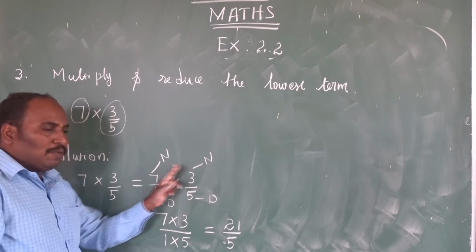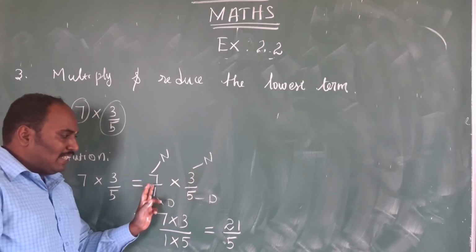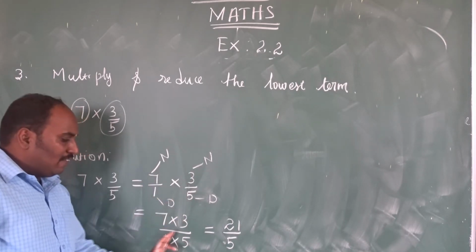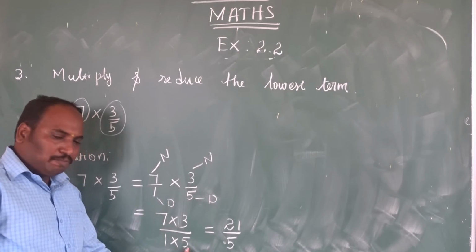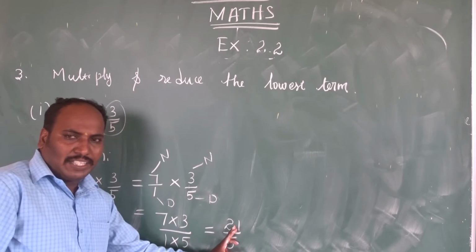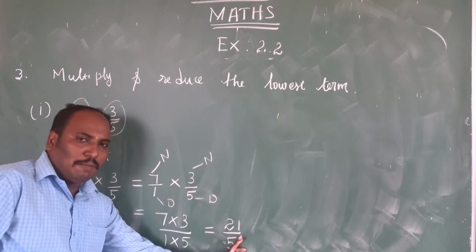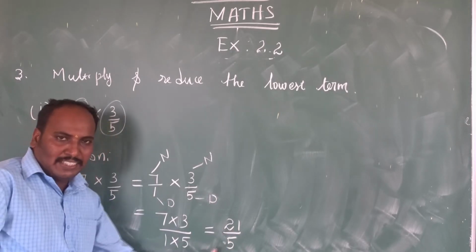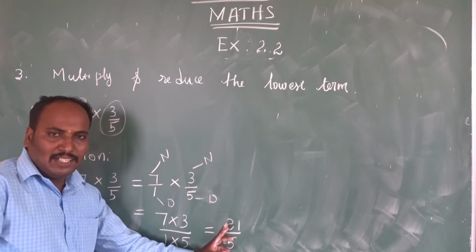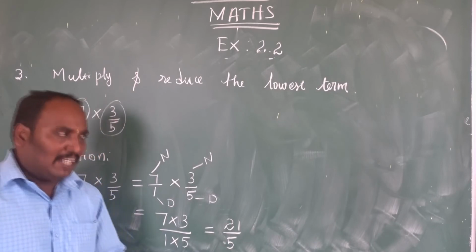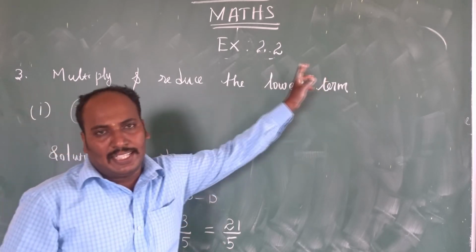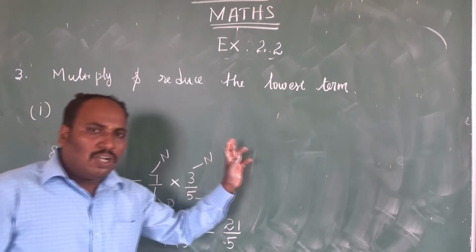First we multiply the numerator part: 7 into 3, then the denominator part is 1 into 5. 7 threes are 21, and 1 into 5 is equal to 5. Our answer is 21 divided by 5, but we want the lowest term.